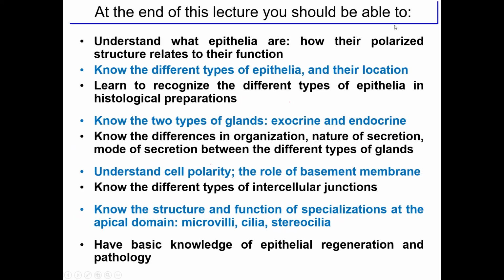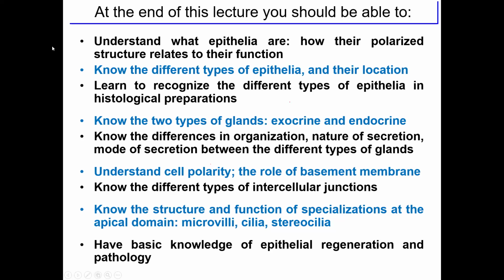So at the end of this lecture, we should be able to understand what epithelia are, how their polarized structure relates to their function. So epithelial cells have a polarized structure. The interior of the cells is polarized in a certain way. And not only that, they have domains of the plasma membrane that consist of different components.